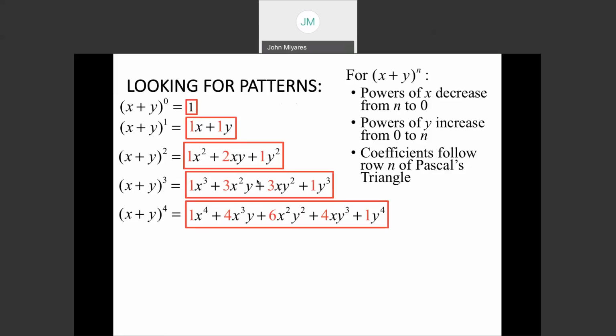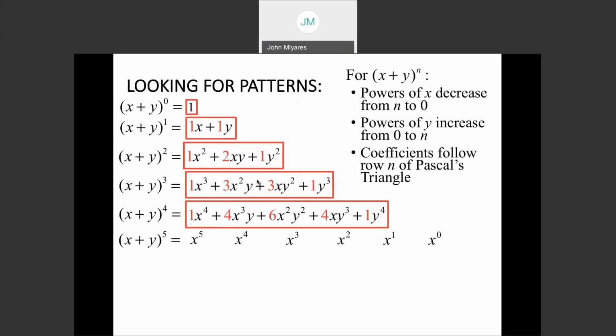Let's see if we can apply this pattern to the next highest power, which would be (x + y) to the fifth power. As I mentioned before, the powers of x would start at x to the fifth power, and then they're going to continue their way down until we get as far as x to the 0 power, which means that there's no x's in the expression, it will fall out and just be a plain old 1.